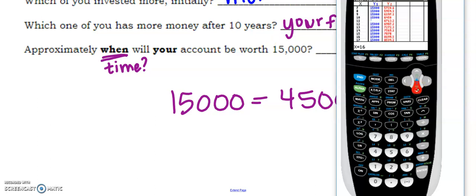So I can keep scrolling. You can also type in your number if you would like. We're getting bigger and bigger. Getting closer. 11,000, 12,000, 13, 14, 15. Uh-oh. My calculator's going too fast. I pressed too many times.